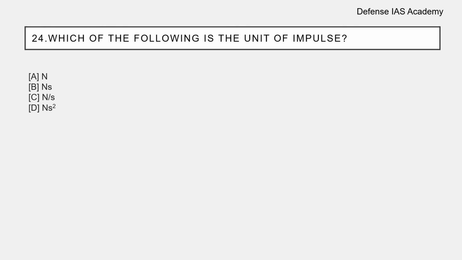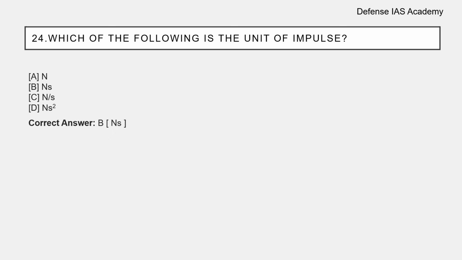Question number 24. Which of the following is the unit of impulse? Options are option A, N, option B, Newton second, NS, option C, N per second, option D, NS square.